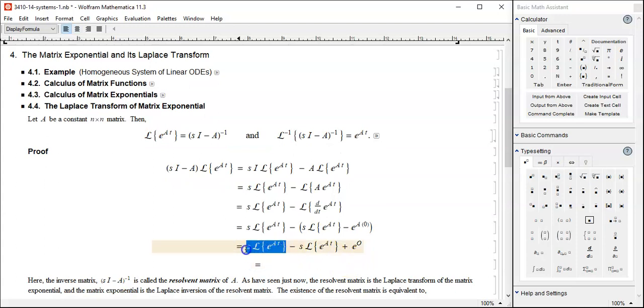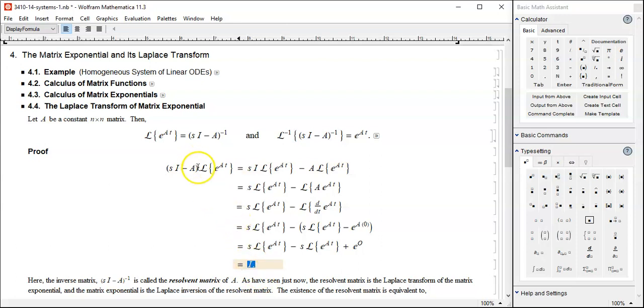We have s times this Laplace transform minus the same thing, so these two will cancel each other out. And we have e to the 0 power. What is e to the 0 power? It's the identity matrix. So we got that. This matrix times that matrix is equal to the identity matrix.